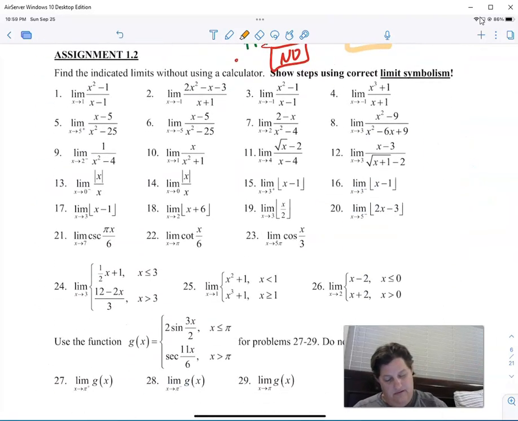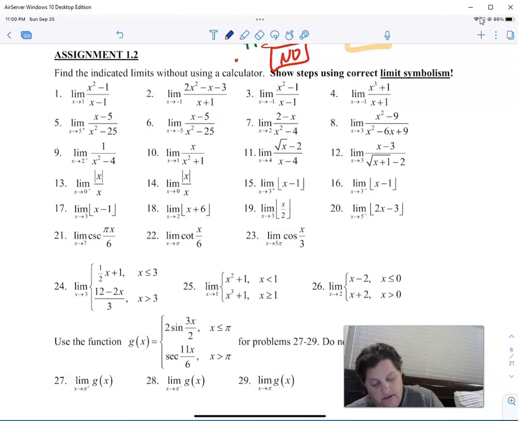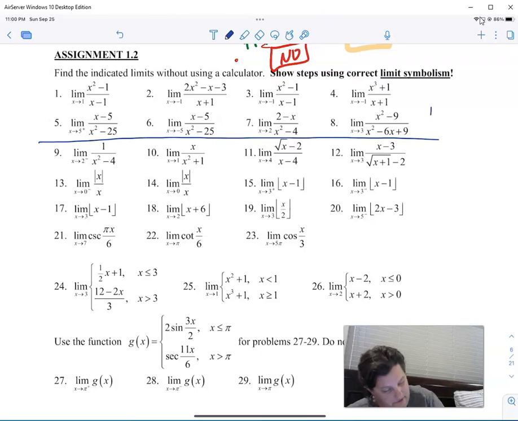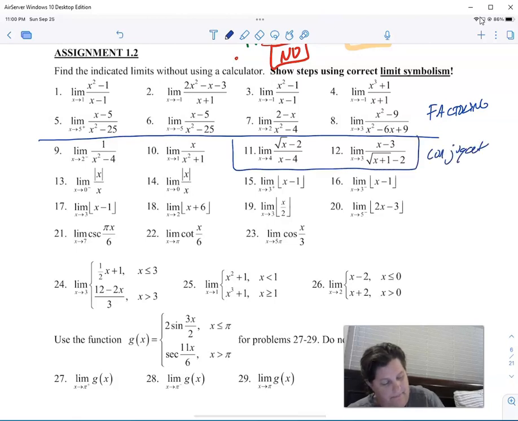Okay, let's talk about how to do these limits. All the way up to this for your homework tonight. Factoring. 9 and 10, I just kind of want you to look at and think about. 11 and 12, conjugate. I definitely want to talk about those.